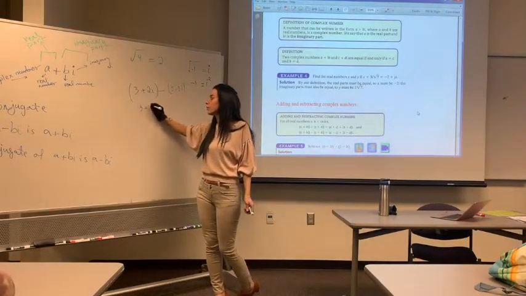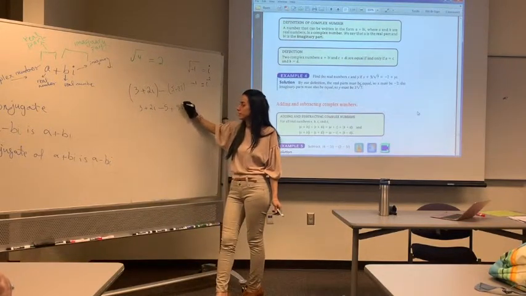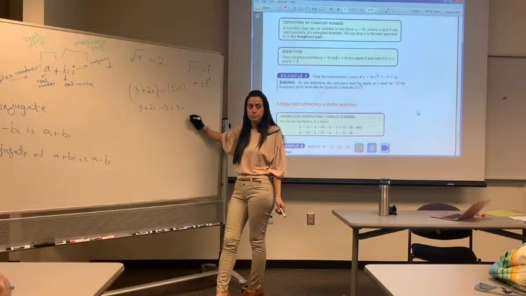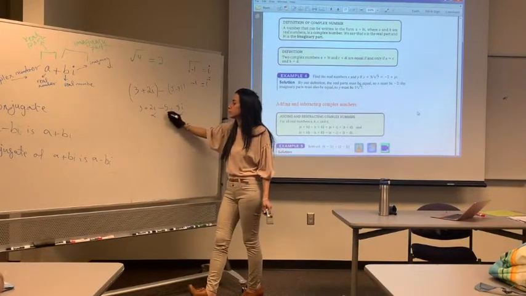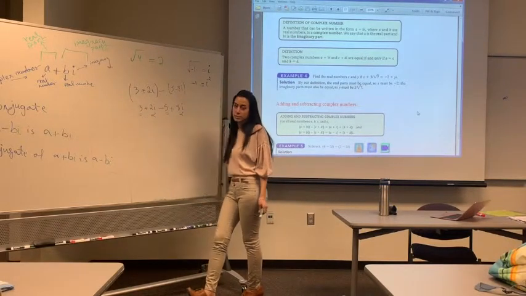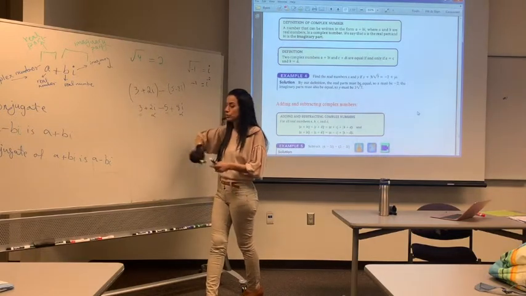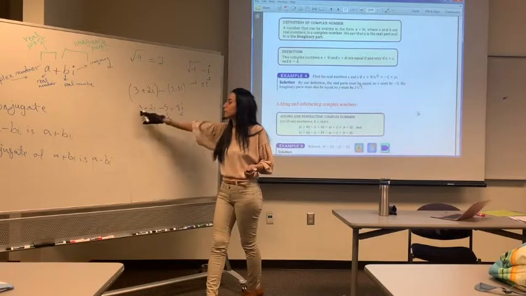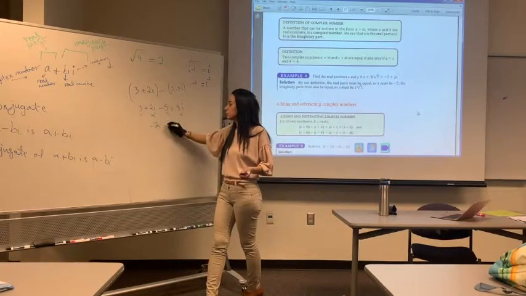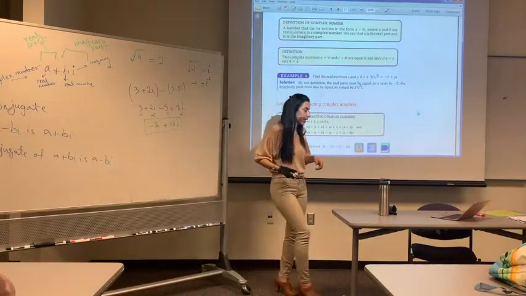So you will have 3 plus 2i minus 5 plus 8i. Then these two are the like terms, these two are the like terms. So you will add these two, and then you will combine these two, and now you have another imaginary number.